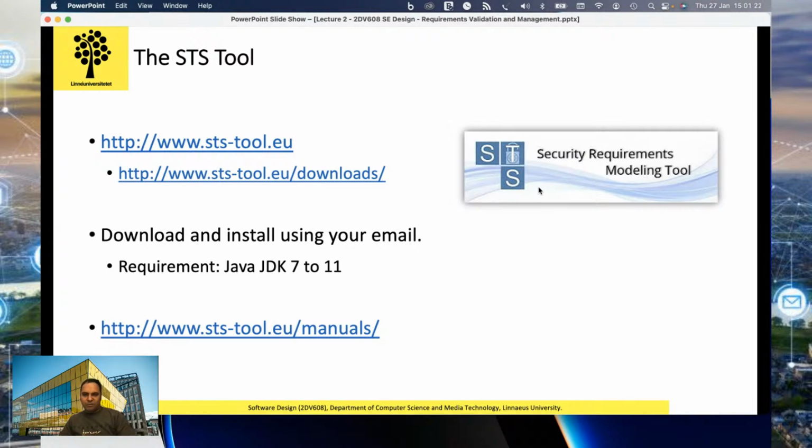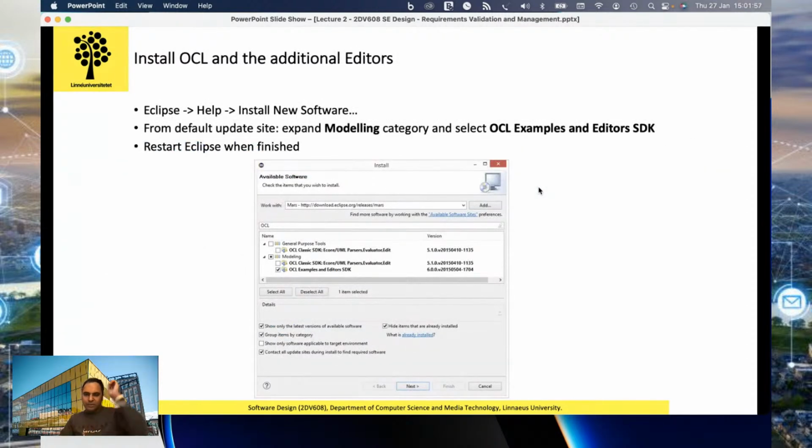You model the functional aspects of your requirements, but you integrate security aspects into those functionalities. You need to download this tool, and I think you need to open an account, providing your email address, in order to get the download link. So make your computer ready by installing this tool and OCL for the next lecture.